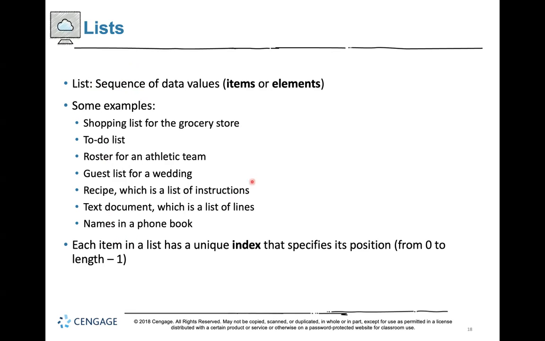And in fact, the Python list allows you to have mixed types. You may have a list of integers together with a string, together with floating point numbers. So you can do that. However, it's not a very good idea. It's a good idea to have a list of the same type, although you're allowed to have mixed types.